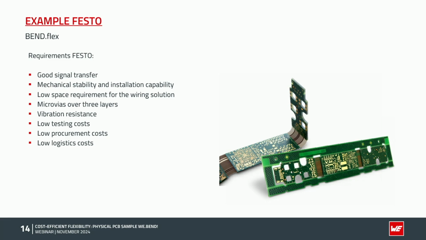Moreover, for the miniaturization, it was important to have microvias over 3 layers, which is not a standard. Also important was the vibration resistance, which is not given by SEMI.flex, for example. They wanted low testing costs, low procurement costs, and low logistic costs. And all this can be done with one technology, and this is the BEND.flex technology.